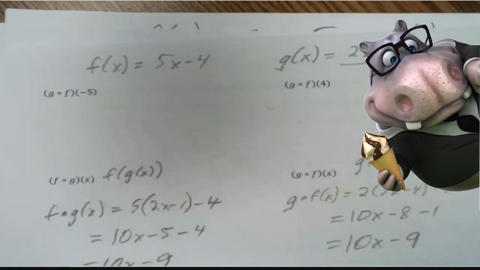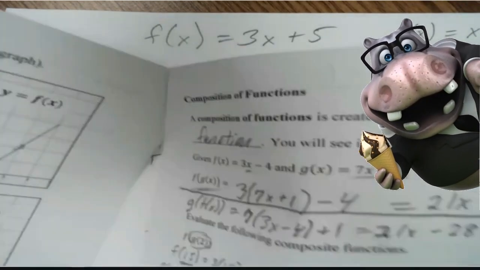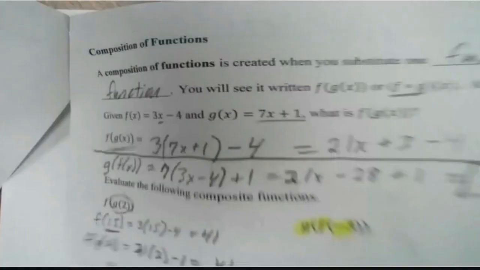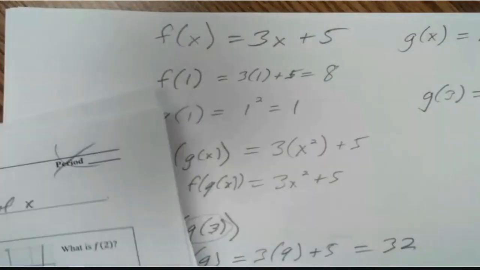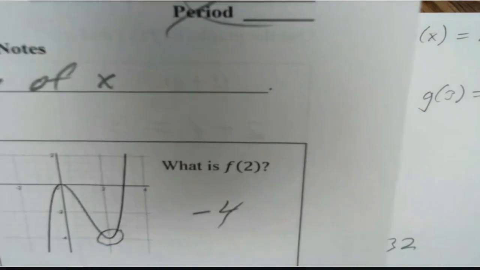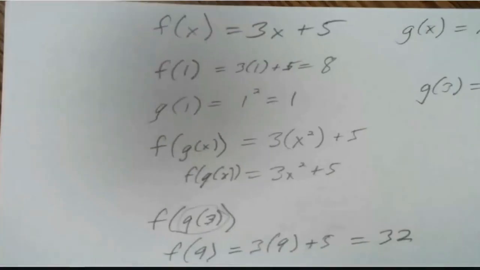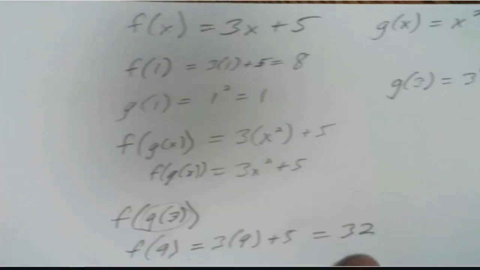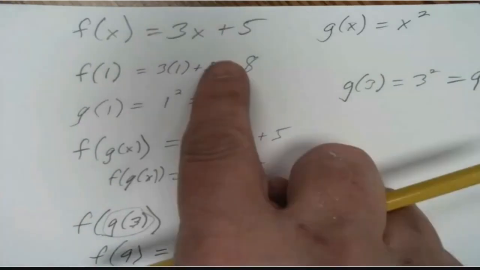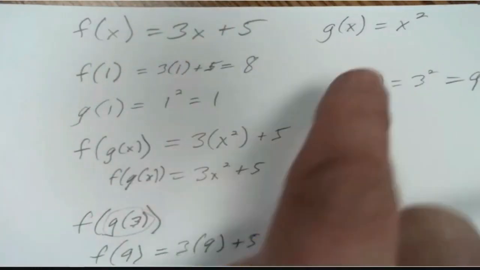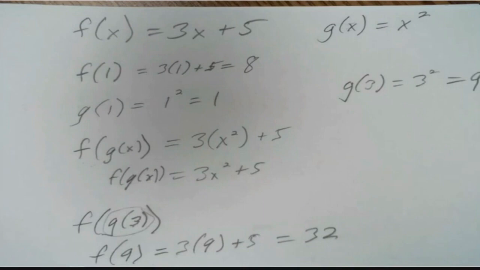Yeah, we did one of those over here. Where did we do that? It's been back on the front page. Oh, it may have been on our example. We did that in our example, where we had 3x plus 5 and x squared, and it ends up 3x squared plus 5.